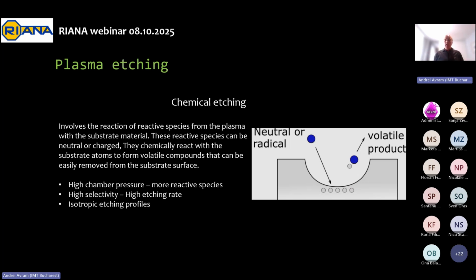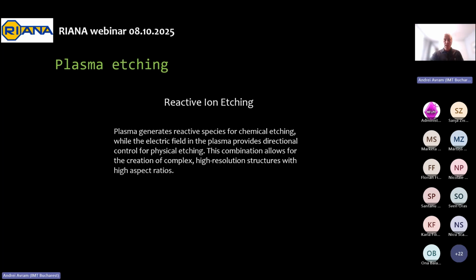As you can see, the etch profile is like a half circle in this case. And reactive ion etching is the third type of etching we use. There are others, but these are the main types of processes that we use.